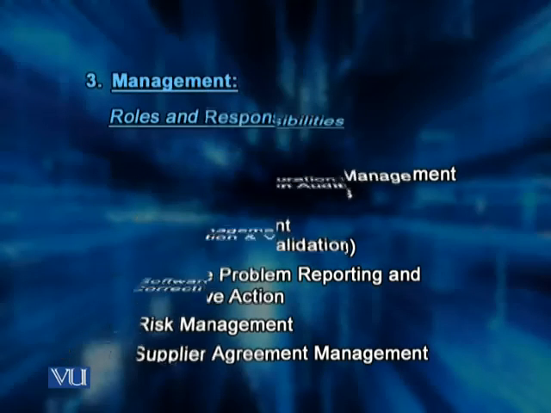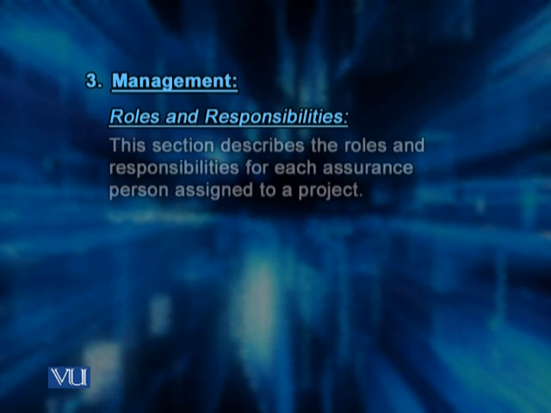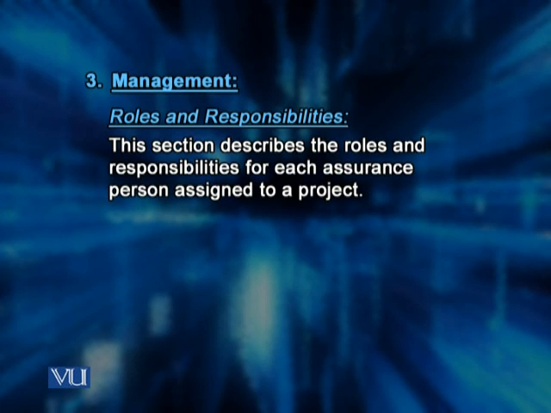Now let's talk a little bit about roles and responsibilities. That's another subsection under the management section of the software quality assurance plan. This subsection describes the roles and responsibilities of each software assurance person or personnel assigned to that project.